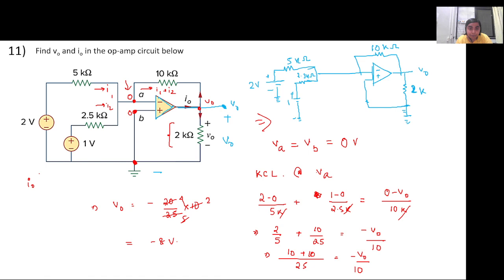Sorry? Ma'am, we have KCL at V naught. Right. So when we apply KCL at V naught, what will be the value of I naught? I naught equal to, in terms of equation, V naught by 10K plus V naught by 2K, right.